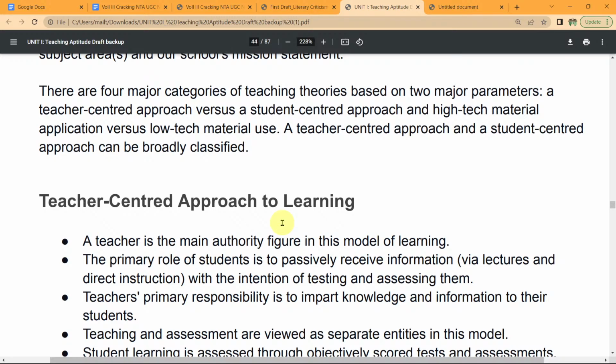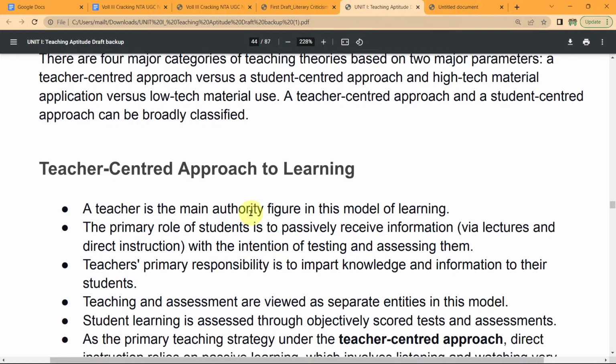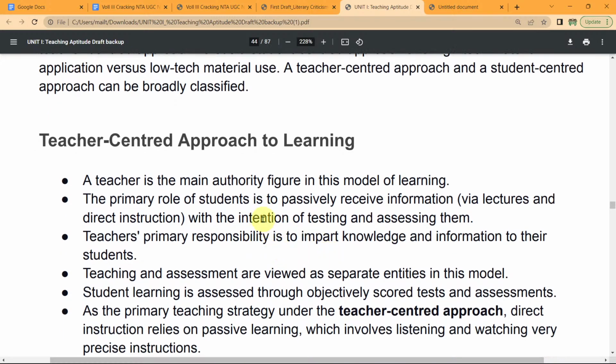Here the teacher is the authoritative figure, who decides what to learn, what method should be used, and what subject should be taught. The teacher is the main authority, the primary source, and plays the primary role in the teacher centered approach, while the students' role is secondary, via lecture and direct methods, with the intention of testing and assessing them.